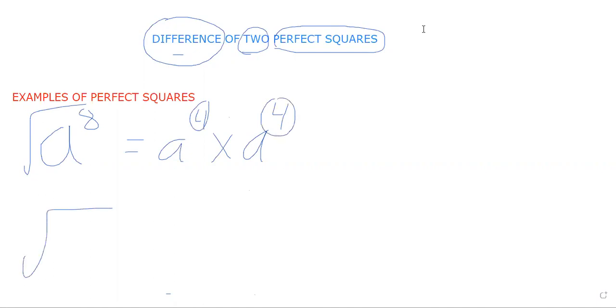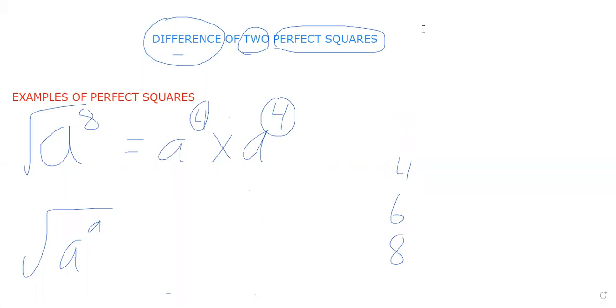So if I take the square root of, say, a to the power of 9, you can't get it, because no two equal numbers added together can give you 9. You can have 2, so 2 can be 1, you can have 4, you can have 6, because 3 plus 3 is 6, you can have 8, 4 plus 4 is 8, you can have 10, 5 plus 5 is 10.